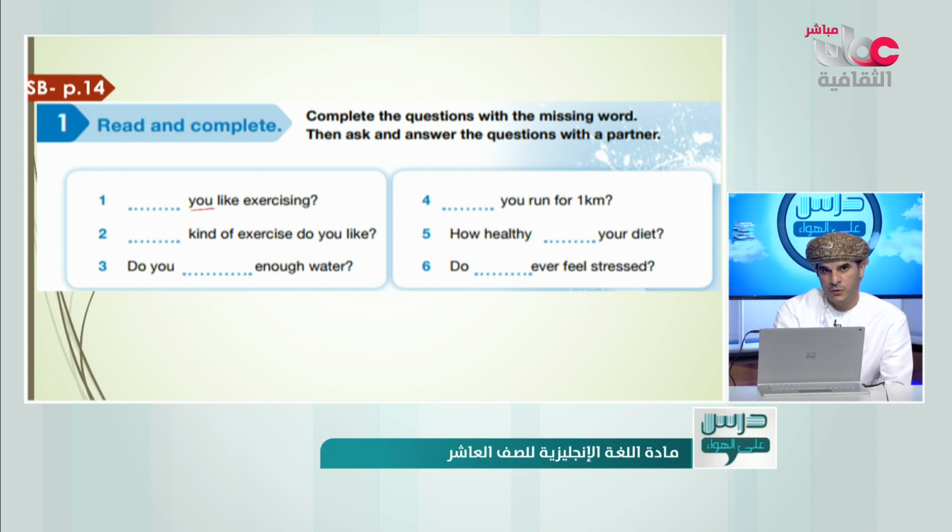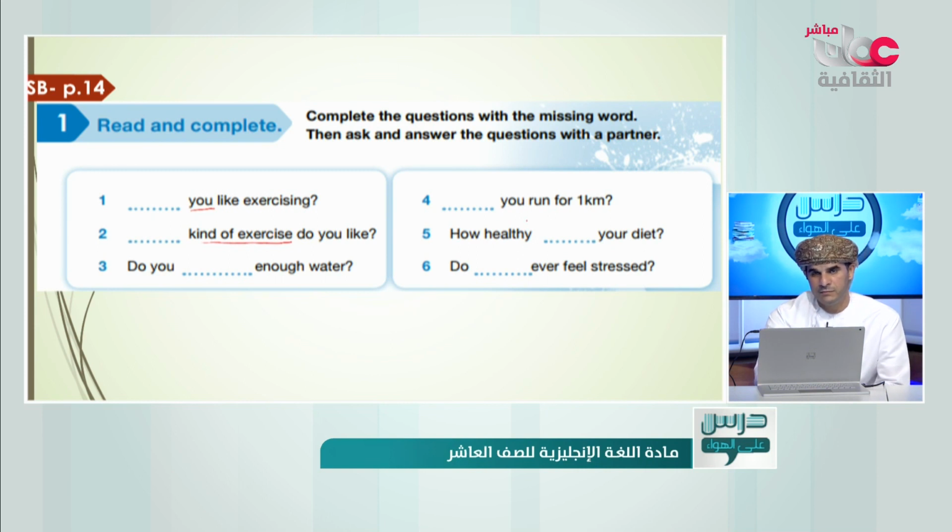So what do we use with you? Okay, like exercising, but what kind of exercising do you like? So asking about something. Think, do you enough water? Here you can use more than one verb. Number 4, you run for 1 kilometer?